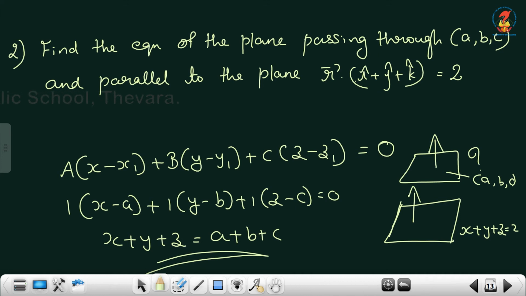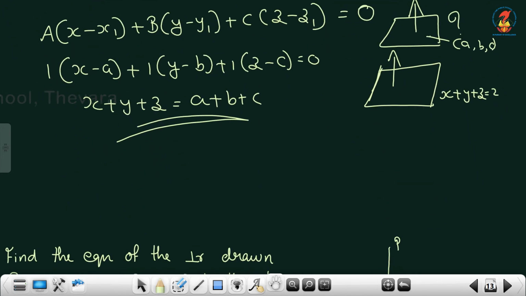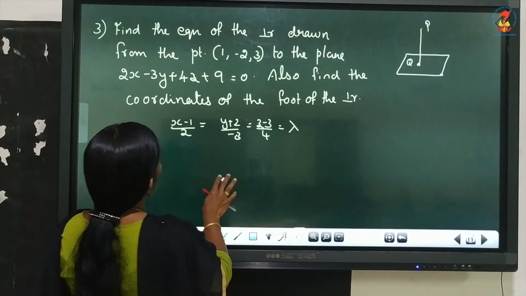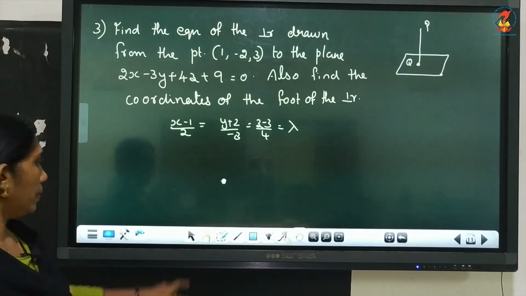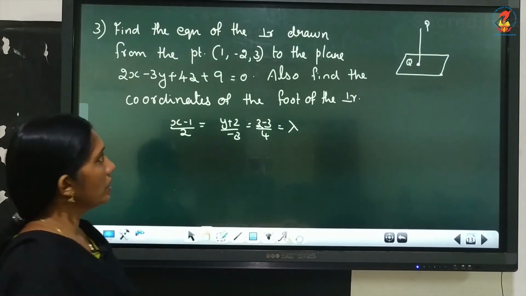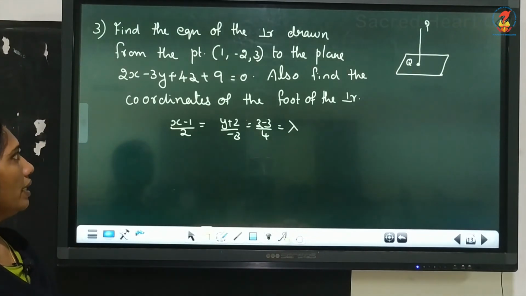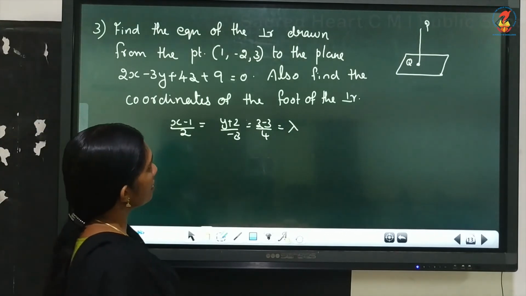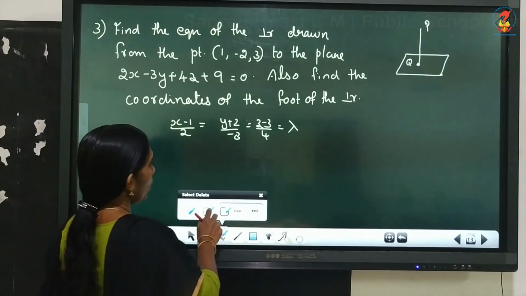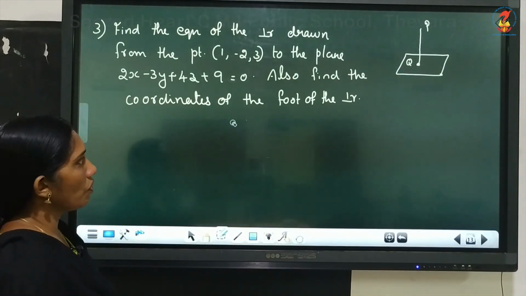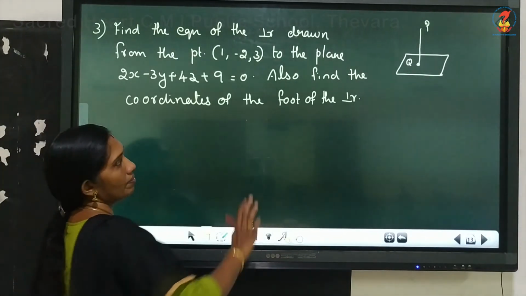Okay. Now one more question. Find the equation of the perpendicular drawn from the point 1, minus 2, 3 to the plane 2x minus 3y plus 4z plus 9 is equal to 0, and also find the coordinates of the foot of the perpendicular.